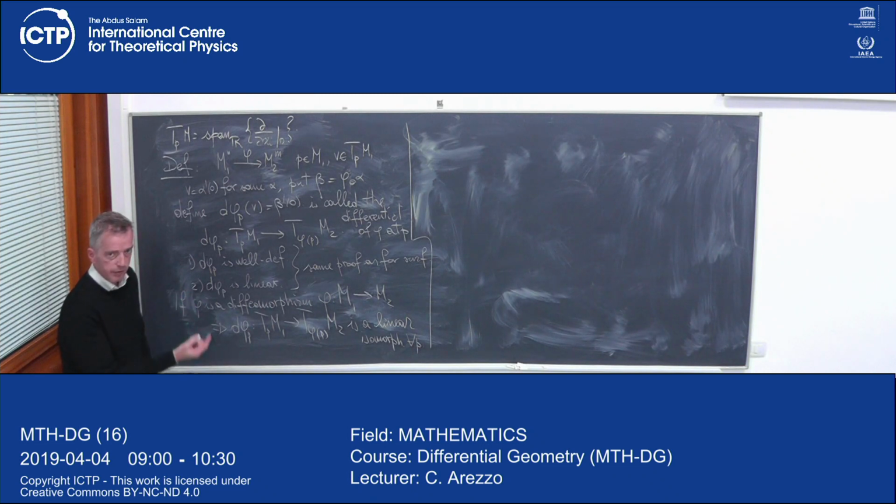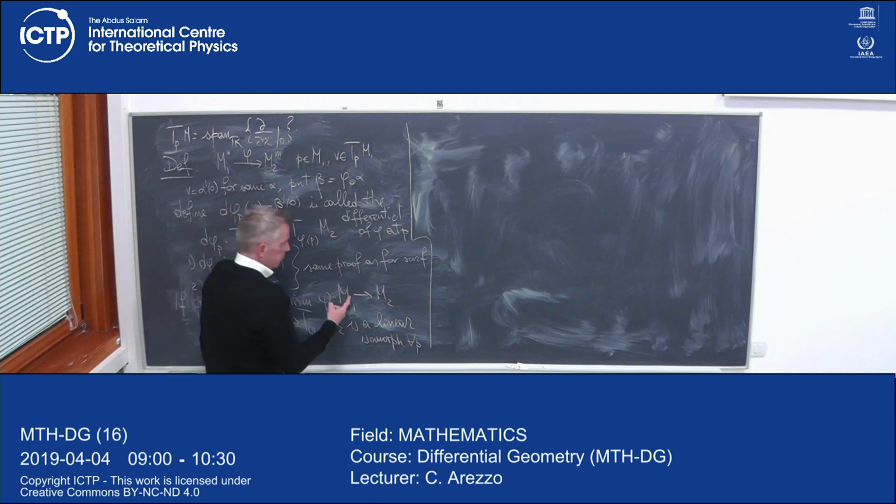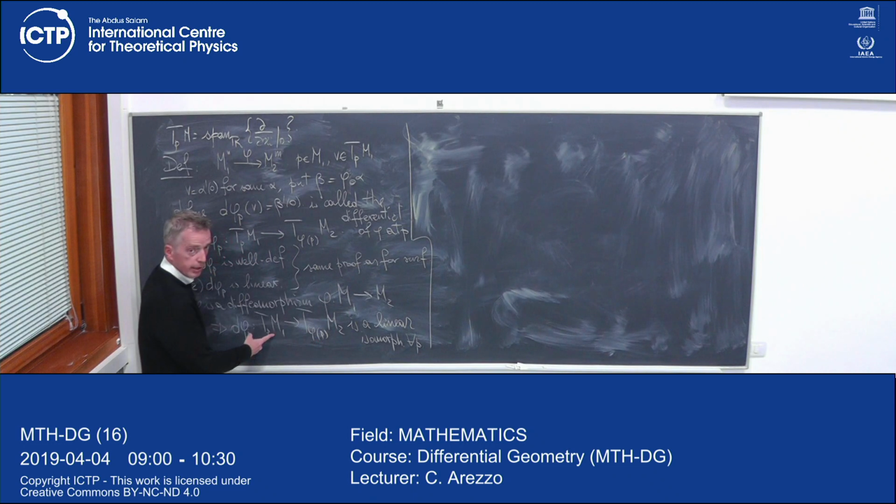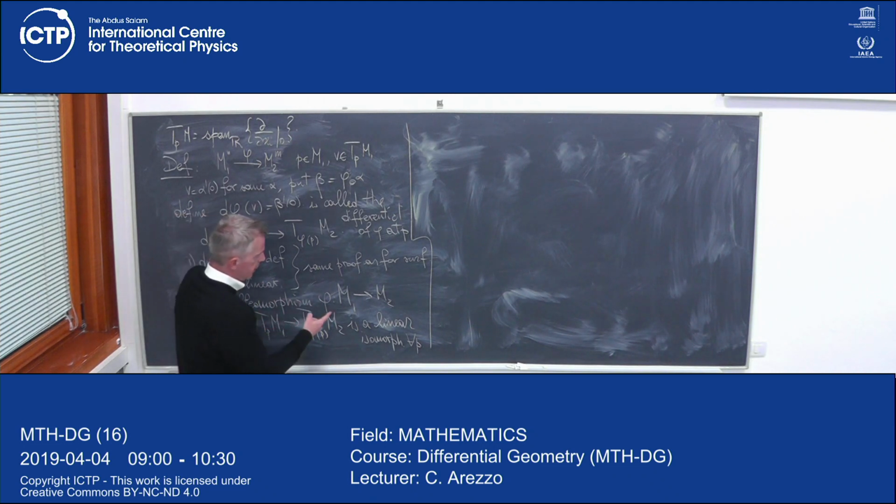Why do they have to have the same dimension? Because otherwise, I think it's a bit tricky. This automatically tells me that the dimension of this is equal to the dimension of this, but these dimensions as vector spaces are exactly the dimensions of the original manifolds. So this automatically proves the claim. Otherwise it could be a bit tricky.